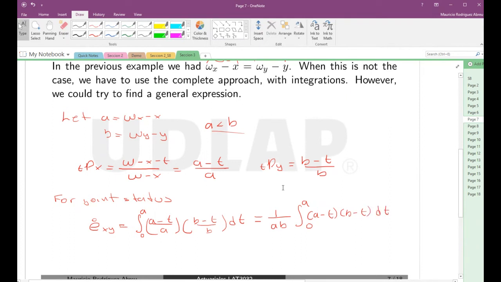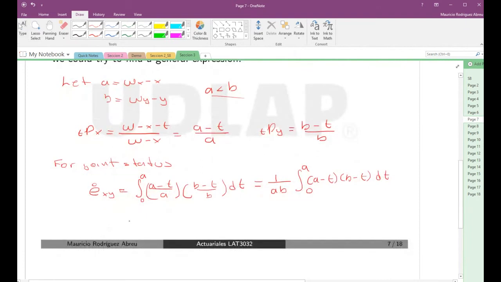I'm just moving this constant out of the integration process, and I'm going to get really creative with this integral because I'm just going to add 10 here.